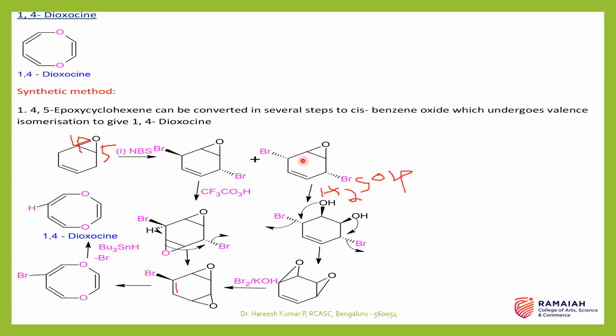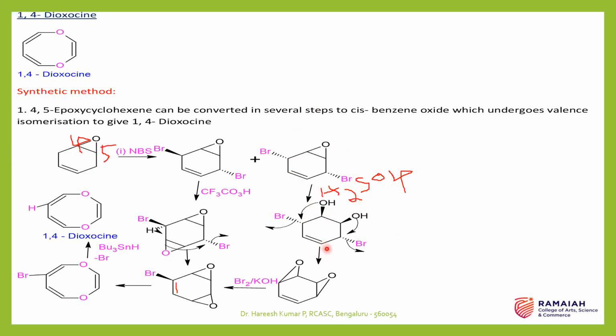Suppose a trans one, when it is treated with sulfuric acid, this double bond is converted into a diol. Is it this double bond? No. The epoxide ring is opened in such a way that a cis diol is obtained.